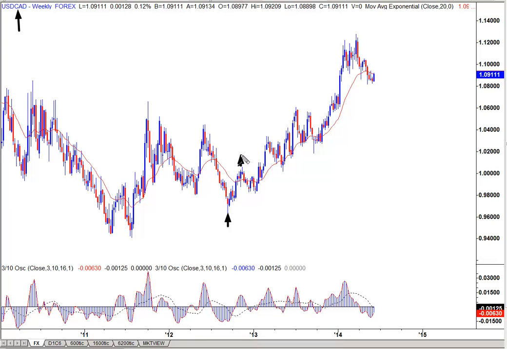a high, a higher low, and a higher high. That started the trend to the upside. Then you have a higher low, a higher high, higher low, and then we expanded to a higher high, and now it's putting in another higher low.